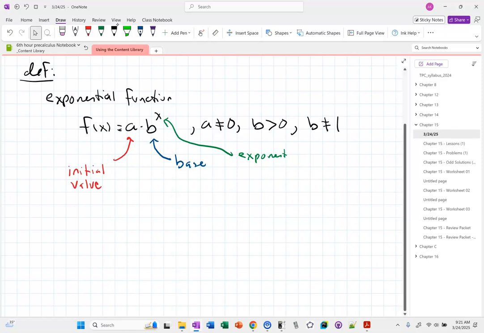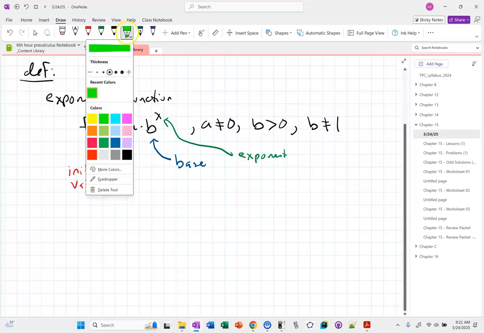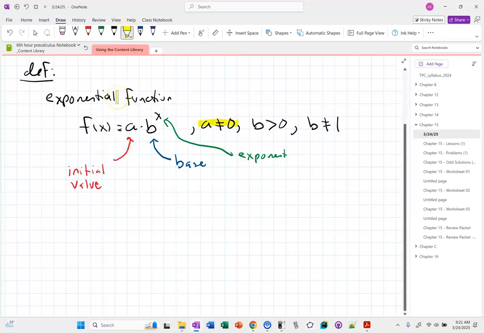So we have these extra restrictions here on the values for a and b. Let's talk about why those restrictions are in place. What would happen if a was 0? It would be f of x equals 0, right? That's just a constant function.